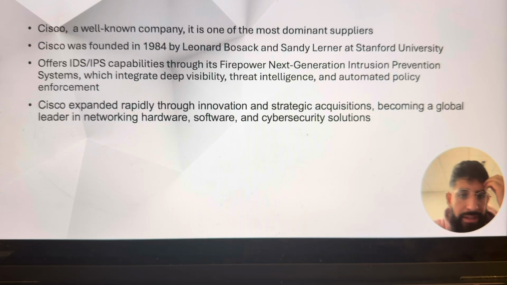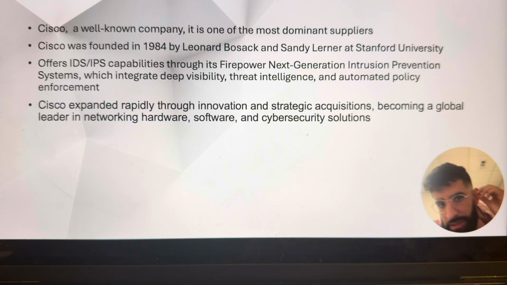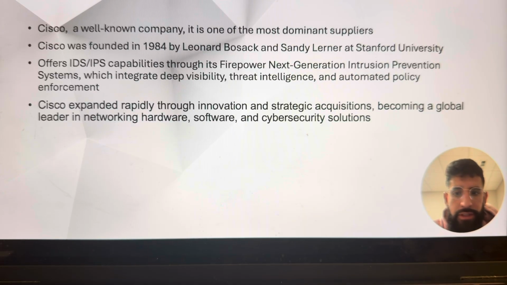They offer IDS and IPS capabilities through its Firepower next-generation intrusion prevention systems, which integrate deep visibility, threat intelligence, and automated policy enforcement. Cisco expanded rapidly through innovation and strategic acquisitions, becoming a global leader in networking hardware, software, and cybersecurity solutions. I do believe Cisco is one of the most well-known providers out there, and that's some stuff that we have used again in our labs, configuring essentially routers.